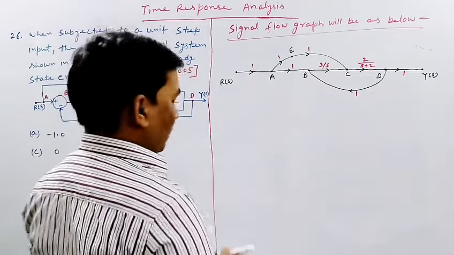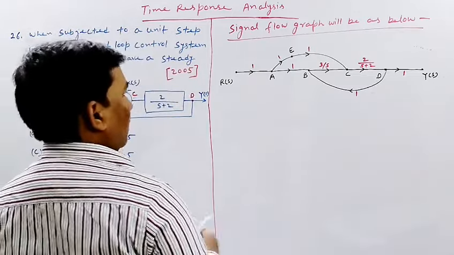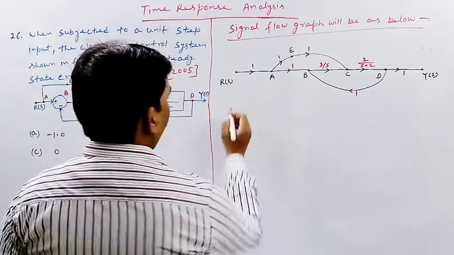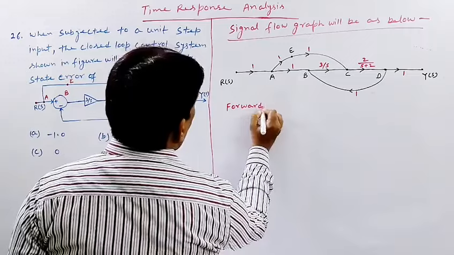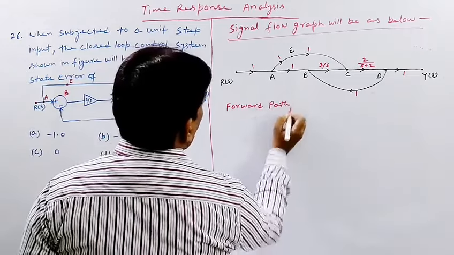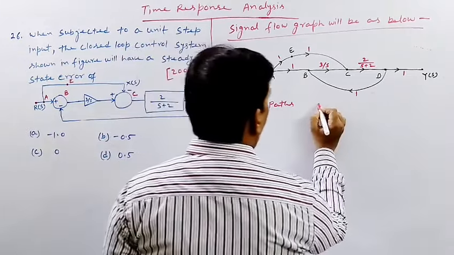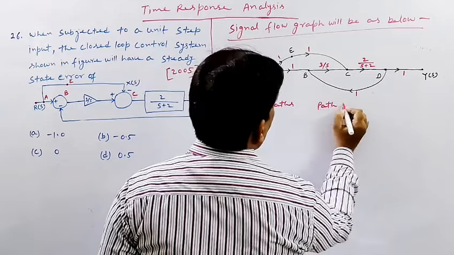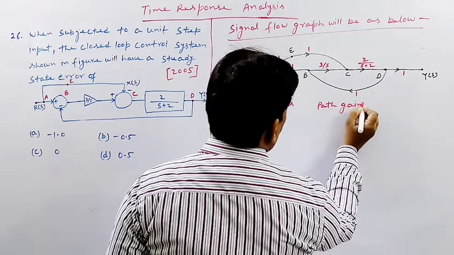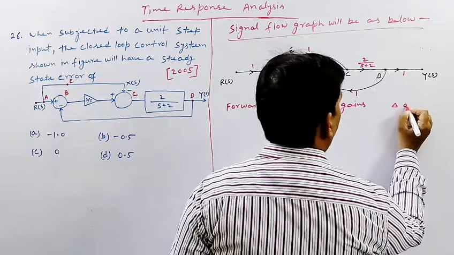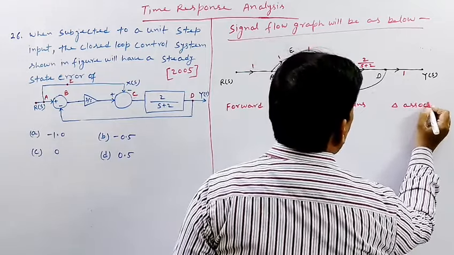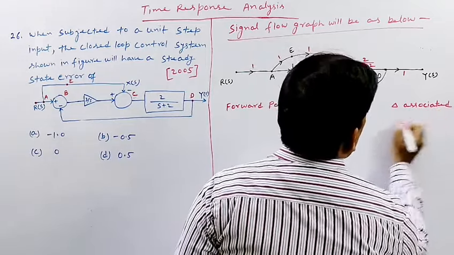Let us write the forward paths here, the path gains, and here the delta associated with each path.